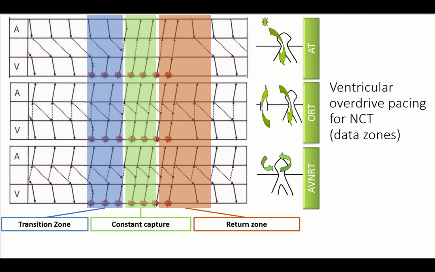As we know, ventricular overdrive pacing in narrow complex tachycardia can be classified into the transition zone when we start the overdrive pacing during tachycardia, the constant capture zone when we keep pacing with one-to-one conduction, the return zone when we stop the overdrive pacing and see what happens, and the post pacing zone.